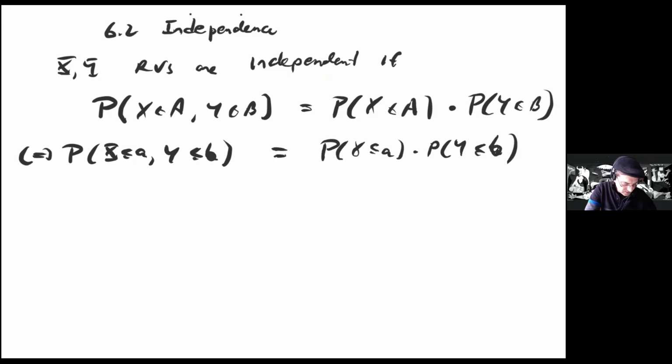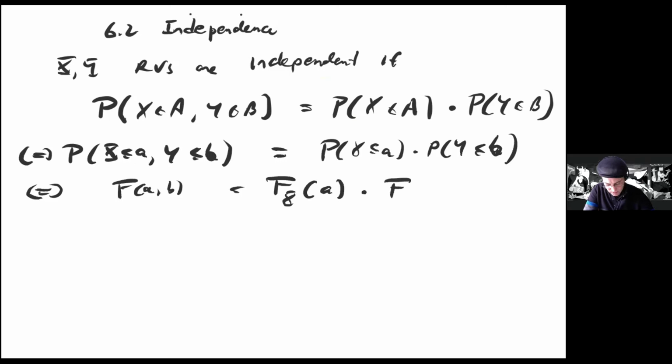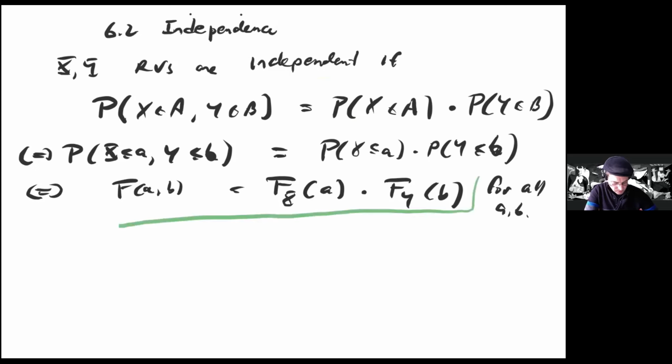And that's if and only if, in different notation, F of a,b is F sub x, the marginal distribution function of x, times the marginal distribution function of y, for all numbers a,b. This is actually the easiest way to remember the condition.